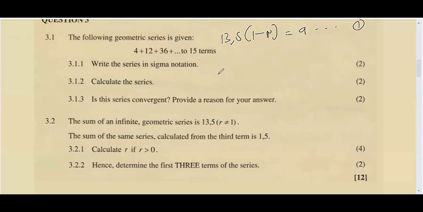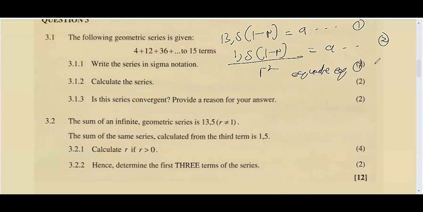And then equation number 2 was in the form of 1.5 times 1 minus r over r squared is equal to a. Now we must equate equation 1 and equation number 2. Since they both have a as the subject of the formula, that's 13.5 times 1 minus r is equal to 1.5 times 1 minus r over r squared.